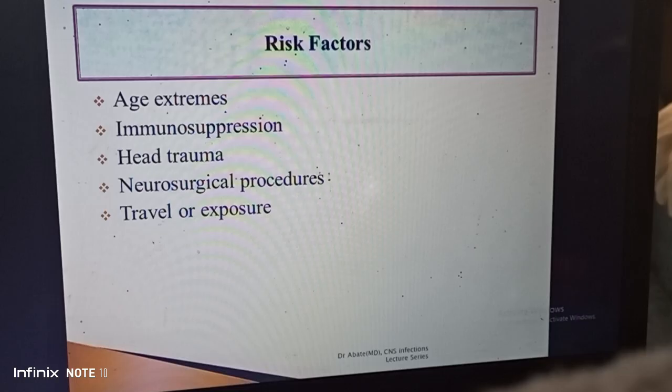Others are neurosurgical procedures and travel or exposure. Travel to other geographical areas and exposure to certain etiologies, like the one we mentioned previously, the African meningitis belt, where Neisseria meningitidis epidemics are very common. Someone may acquire the infection by traveling to the endemic areas.